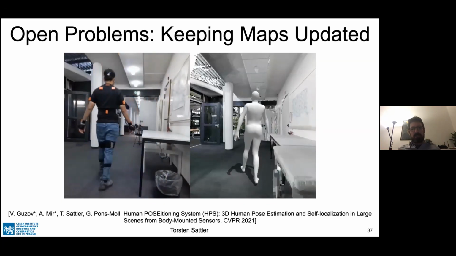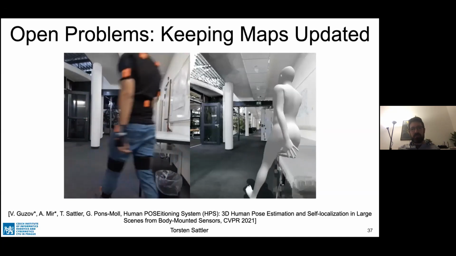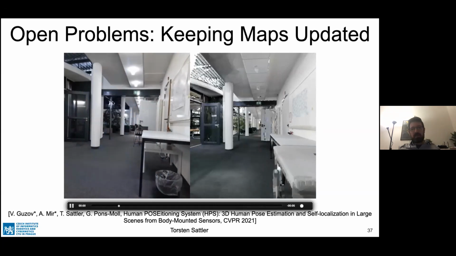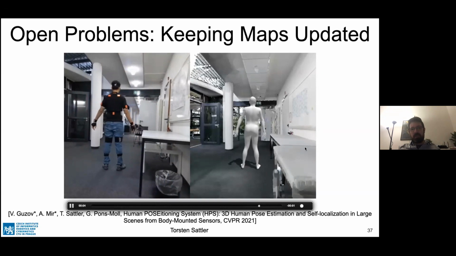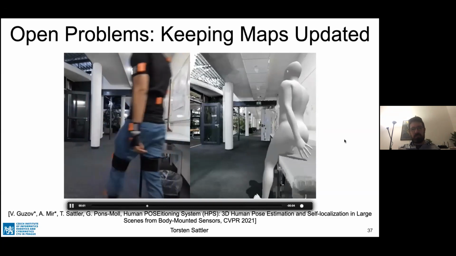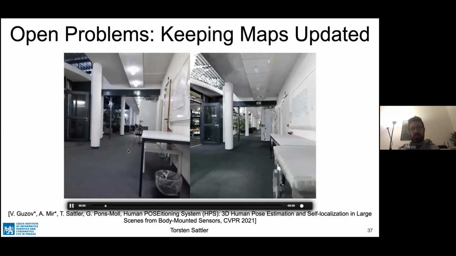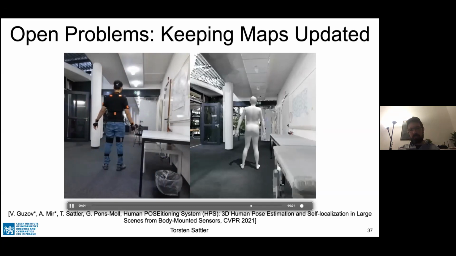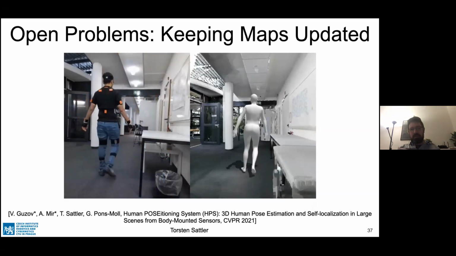Here's another problem that can happen if you have static maps. These are the images taken after the 3D model was built, and in between this table was moved. So this is why the human is actually able to walk here, but in this virtual model, in this digital twin, if you want, there is an obstacle.